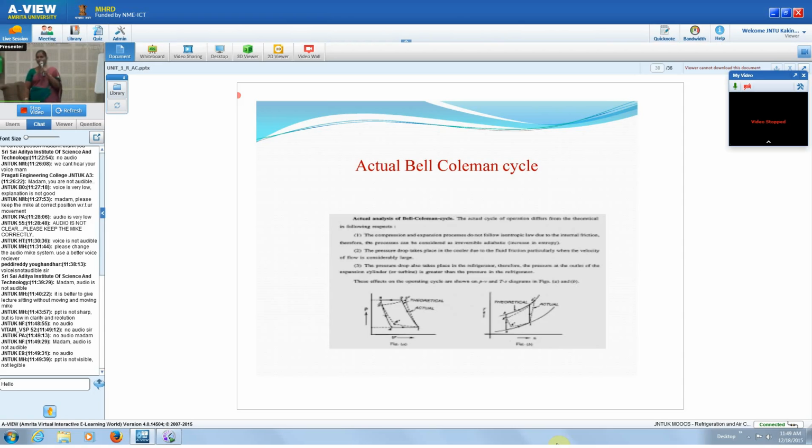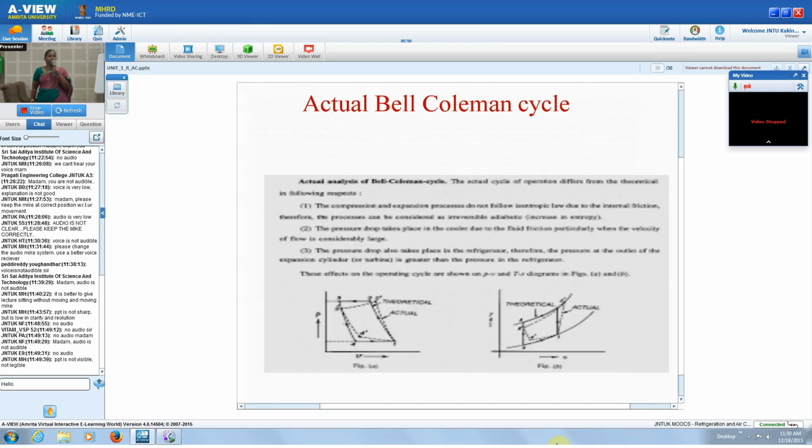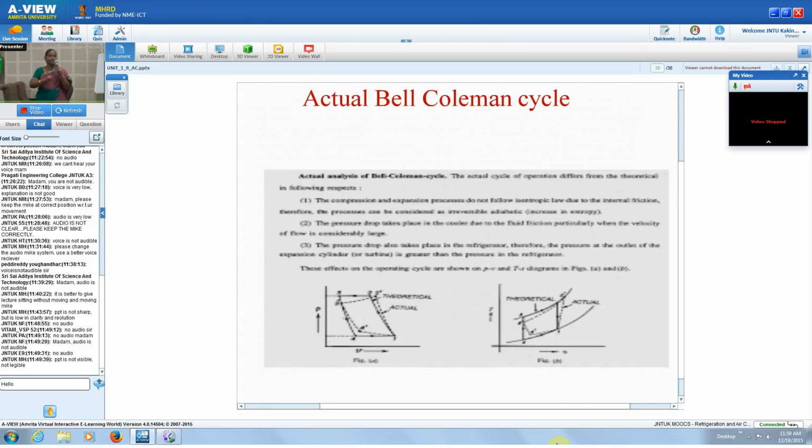If you see the actual Bell-Coleman cycle, 1 is at the inlet of the compressor and 2 is at the exit of the compressor. So 1 to 2 dash, represented by the dotted line, represents the actual compression process, which is not isentropic.